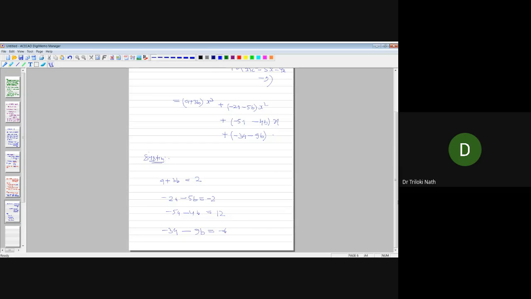So you have here 4 equations in 2 unknowns. The unknowns are a and b. So again, finding the solution of this system of linear equations is natural. Okay, so you just solve it. Let us go to the next page.